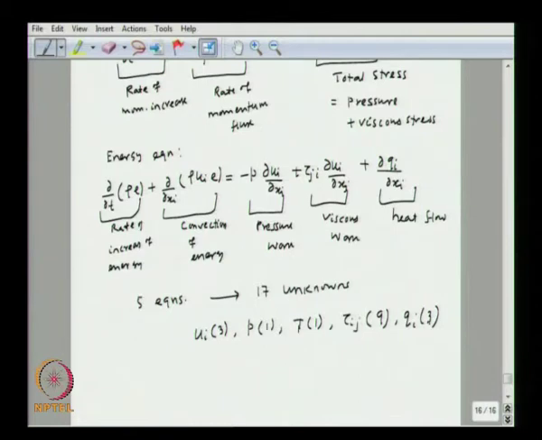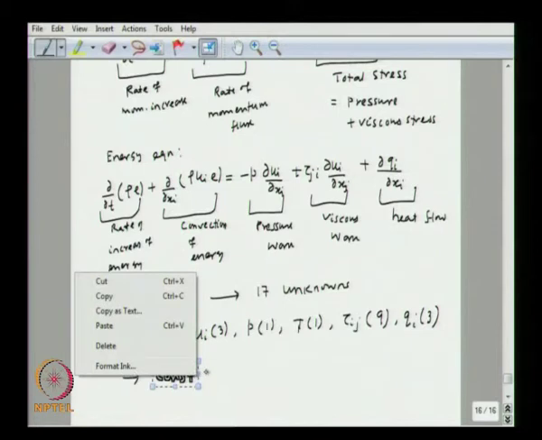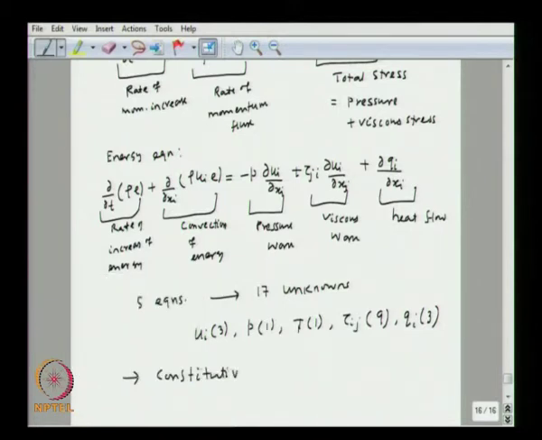So we have totally 17 unknowns and 5 equations. So to solve, we require the constitutive relations.